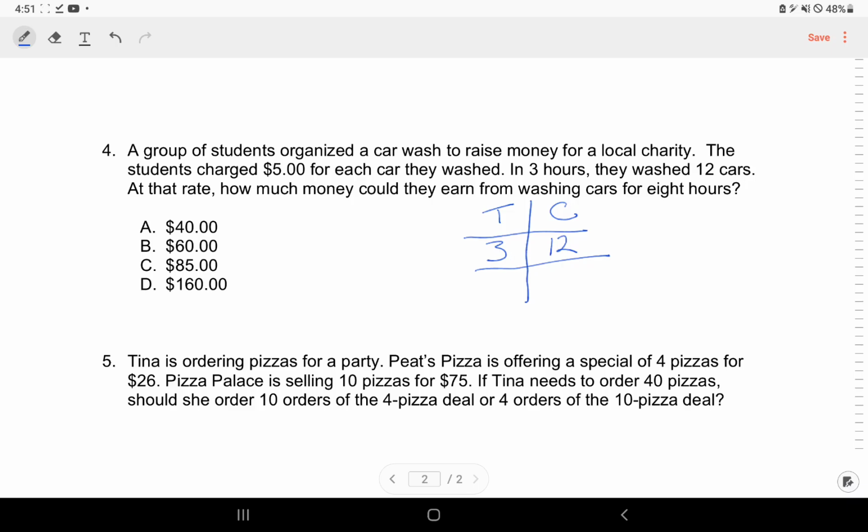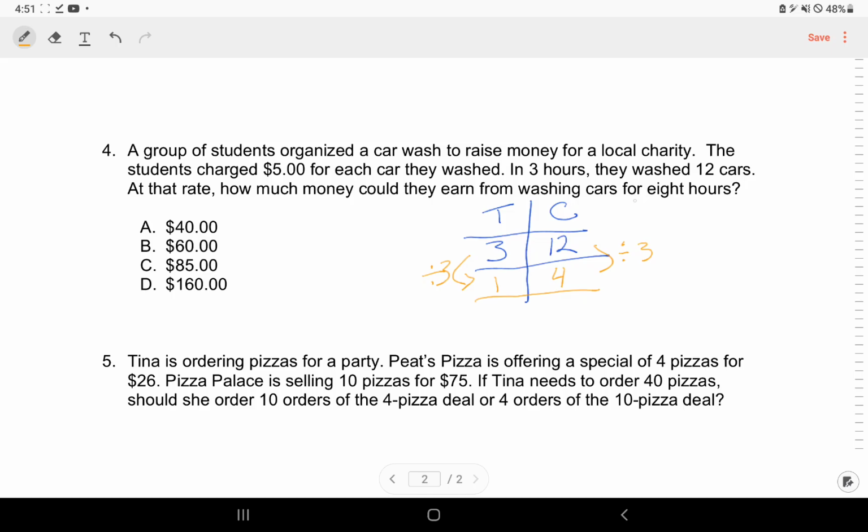Well, after 3 hours, I'm going to divide by 3 and get 1. And so I divide by 3 and I get 4. So that means they were washing 4 cars every hour.